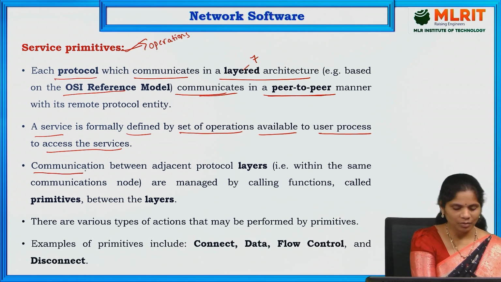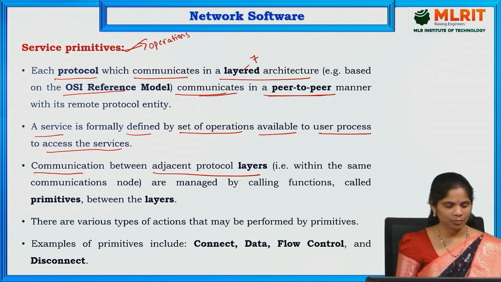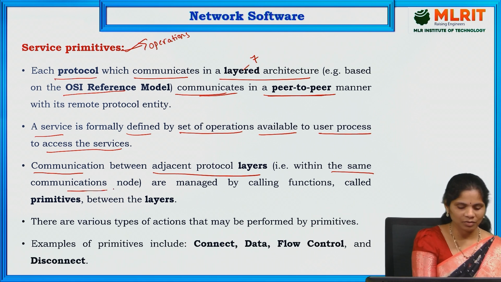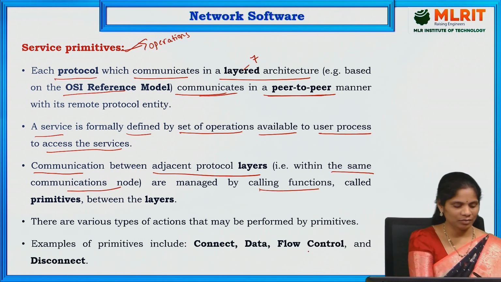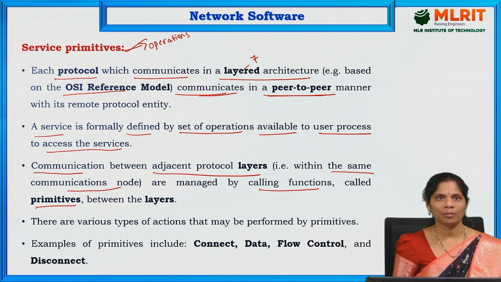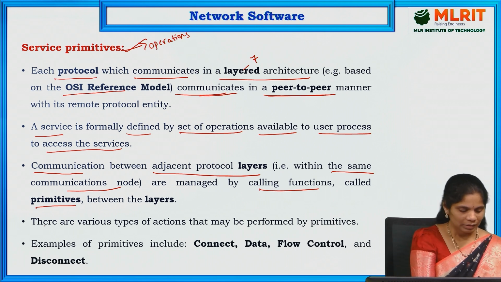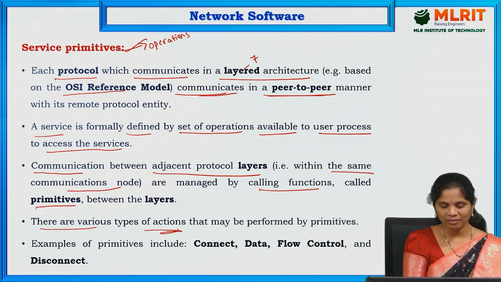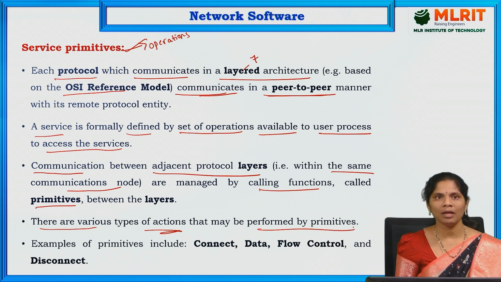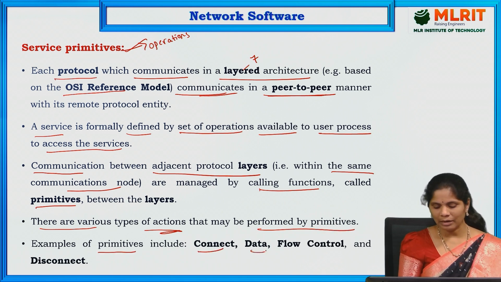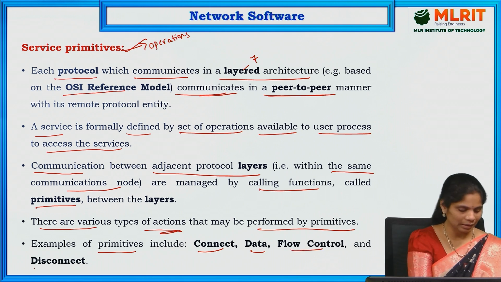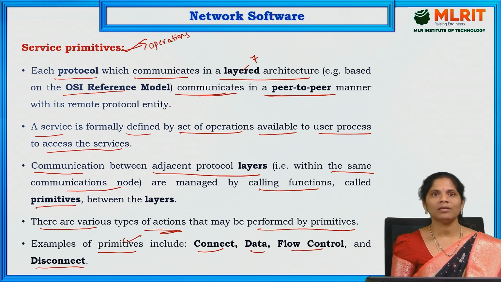The communication between adjacent protocol layers, within the same communication node, can be managed by calling functions. These calling functions are nothing but the primitives between the layers. There are various types of actions performed by the primitives. Examples of these primitives are connect, data, flow control, disconnect. These are the different primitives in the service operations.